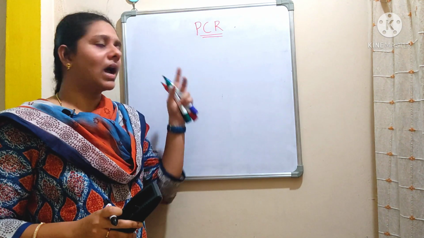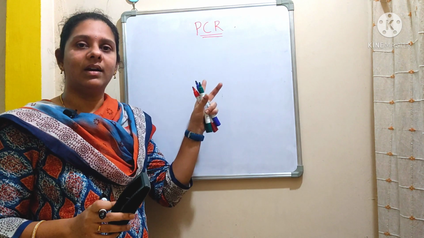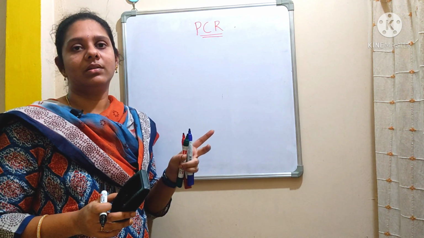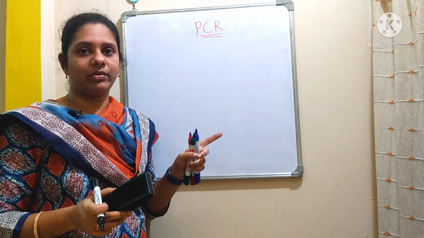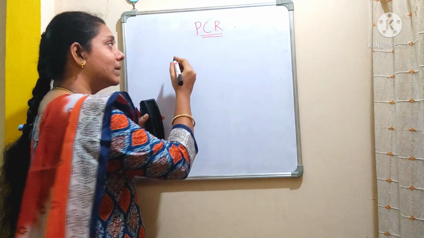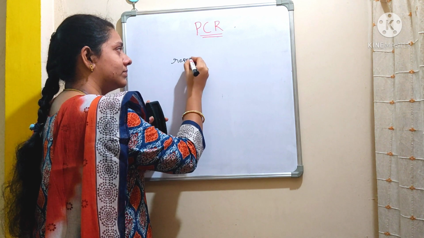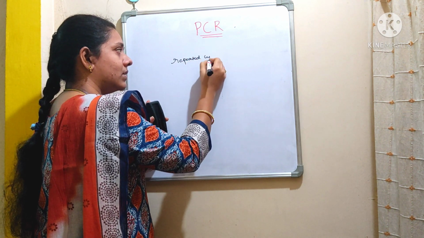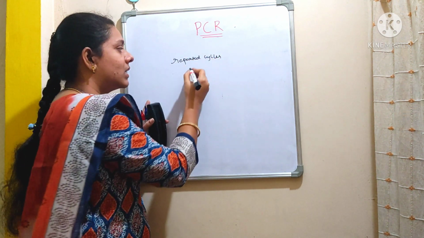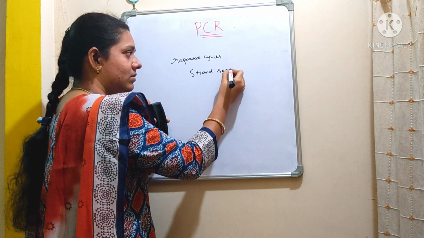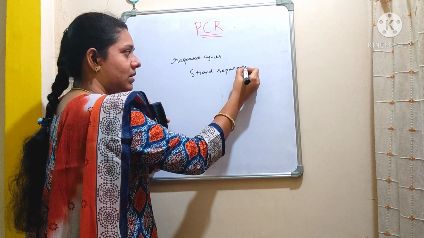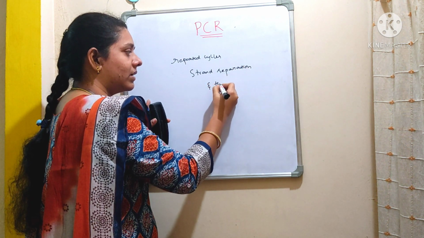Okay, so I am saying that PCR is an automated machine which carries out the amplification of DNA under in vitro conditions by repeated cycles of strand separation and the synthesis of DNA.